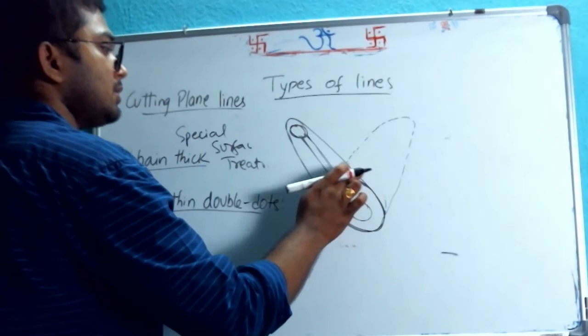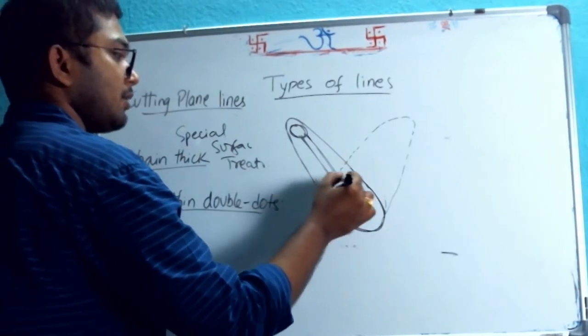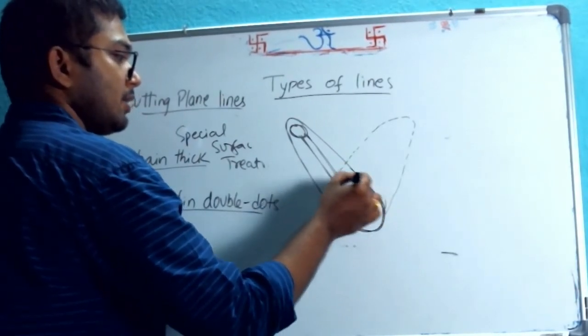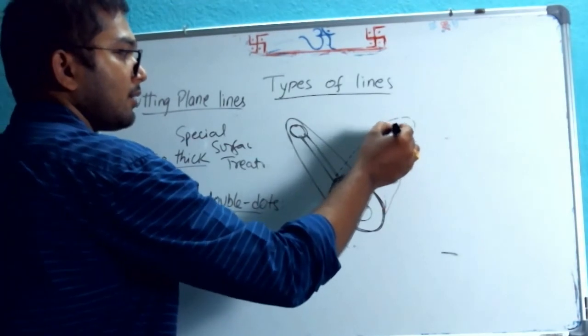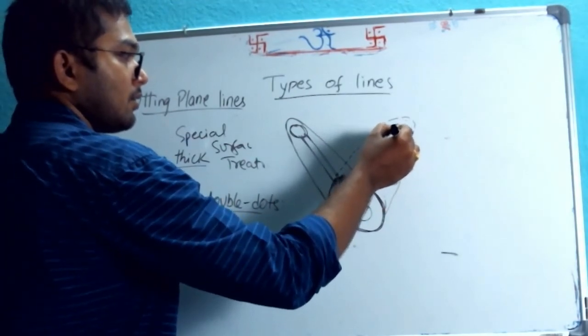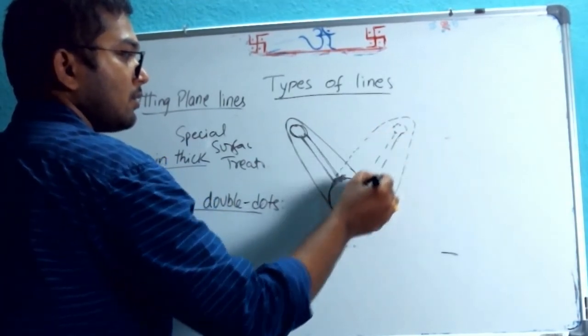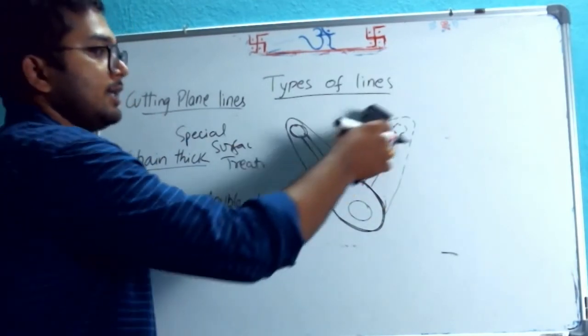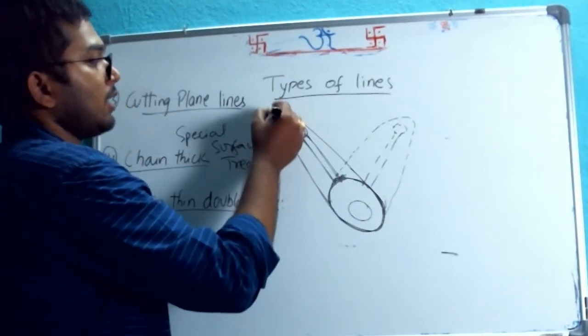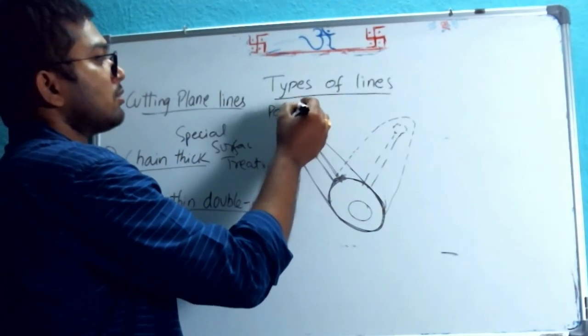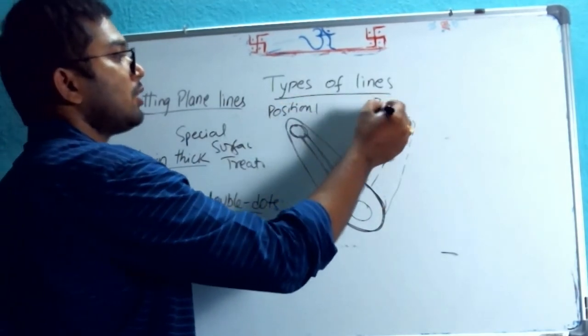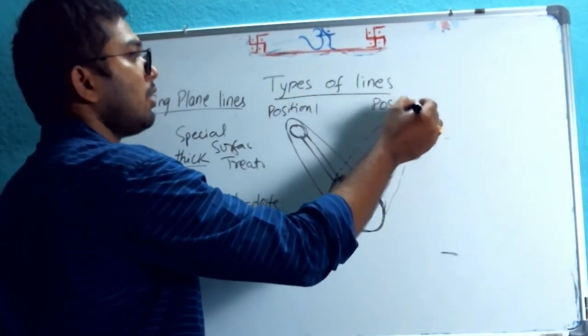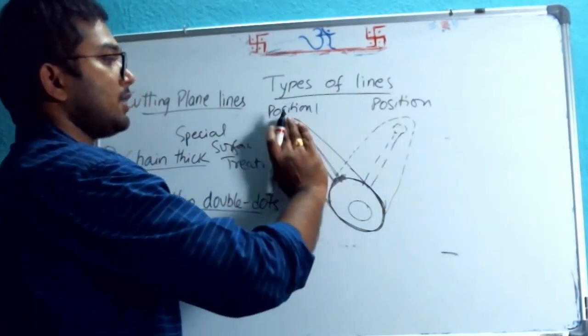Now anyway, this is circular part, so it will be same. This is rotating. Now actually these lines, so this is position 1. This is position 2. I want to represent motion of this object with respect to time.